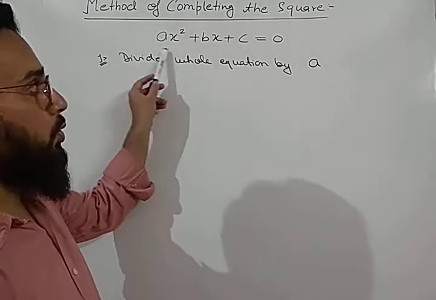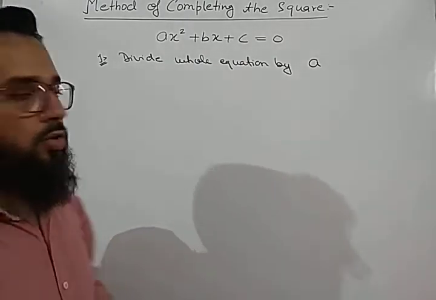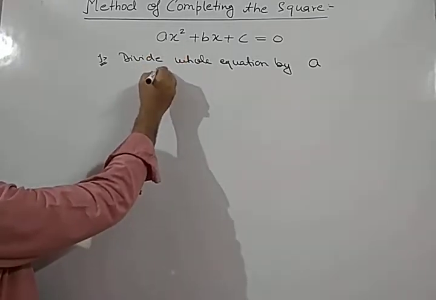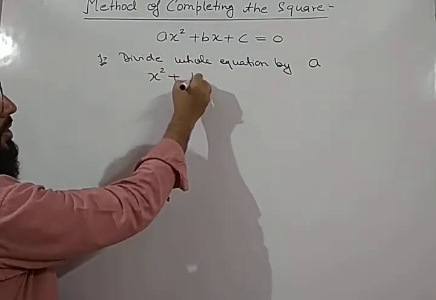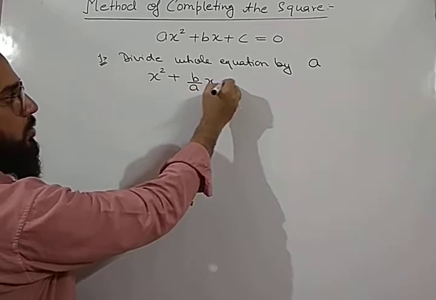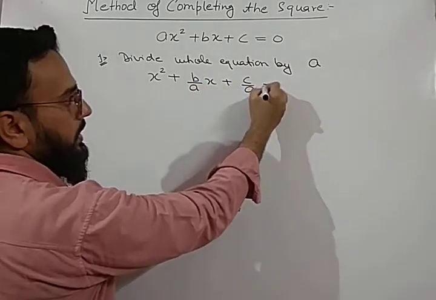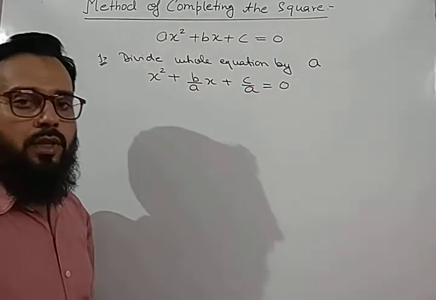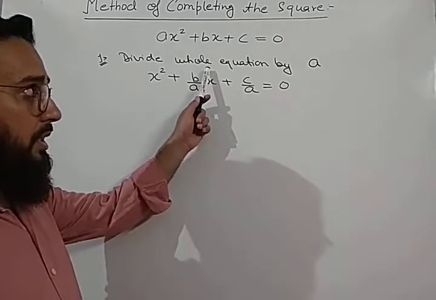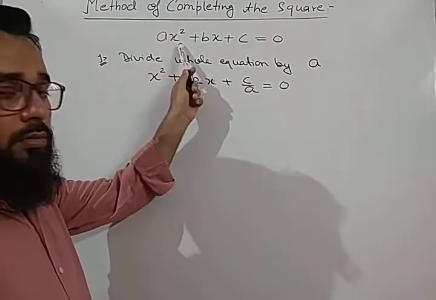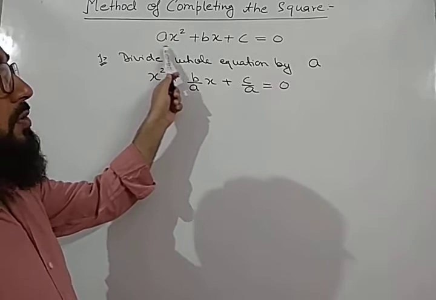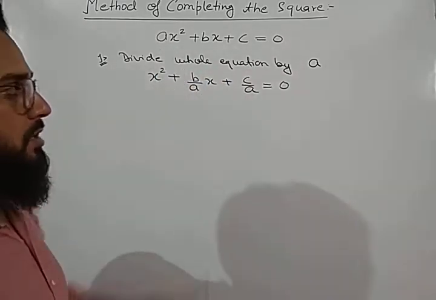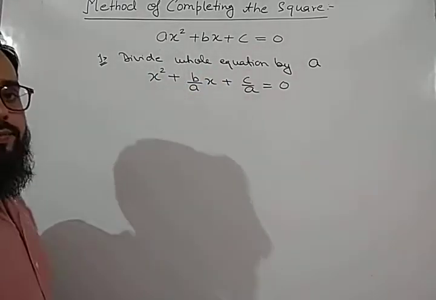So what will our equation be? The equation will look like this: x square plus b upon a into x plus c upon a is equal to 0. So after making the general form, the first step is to divide the whole equation by the coefficient of x square. So we will get this equation.